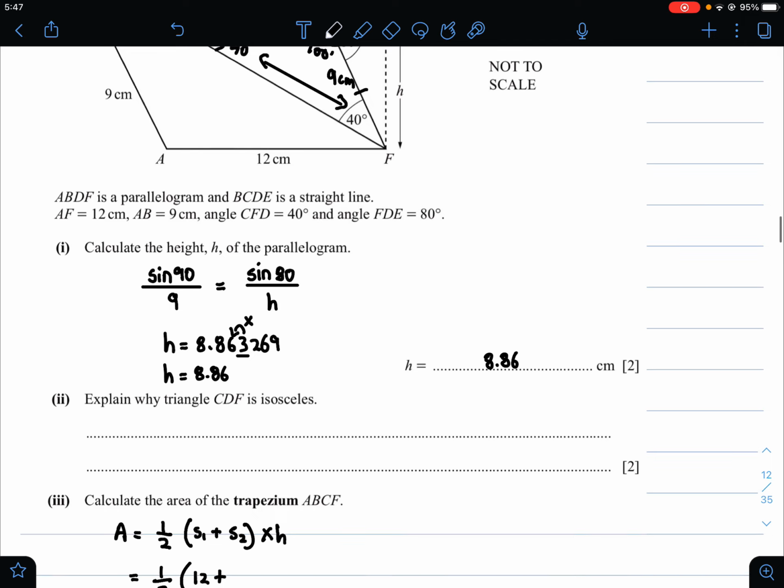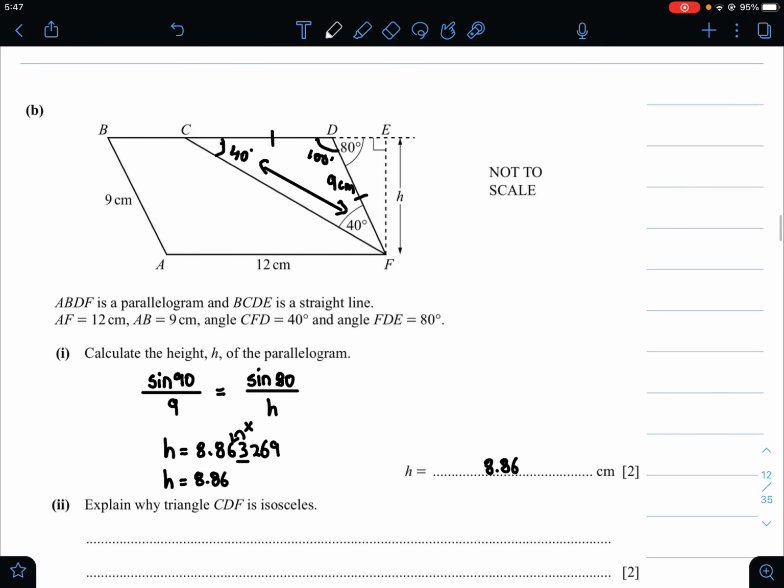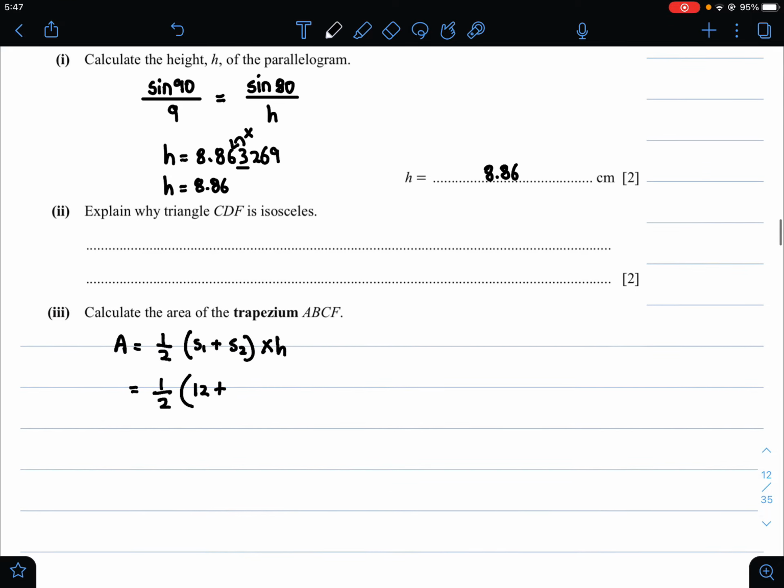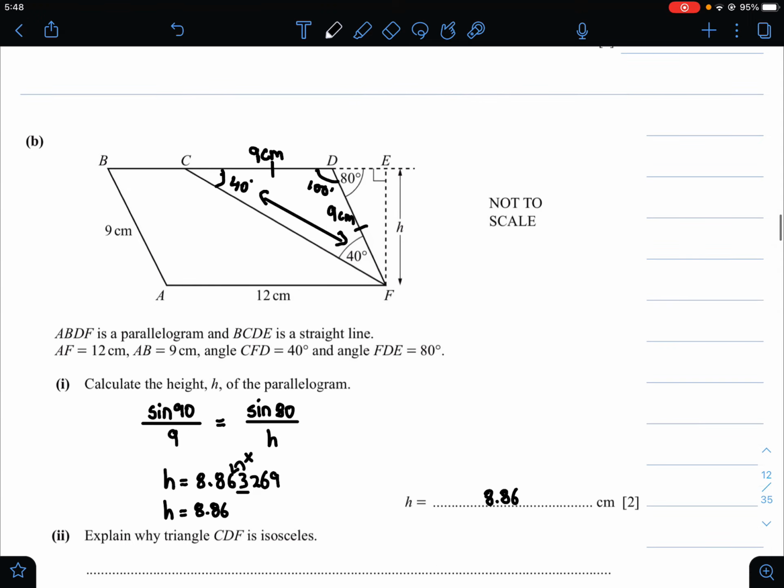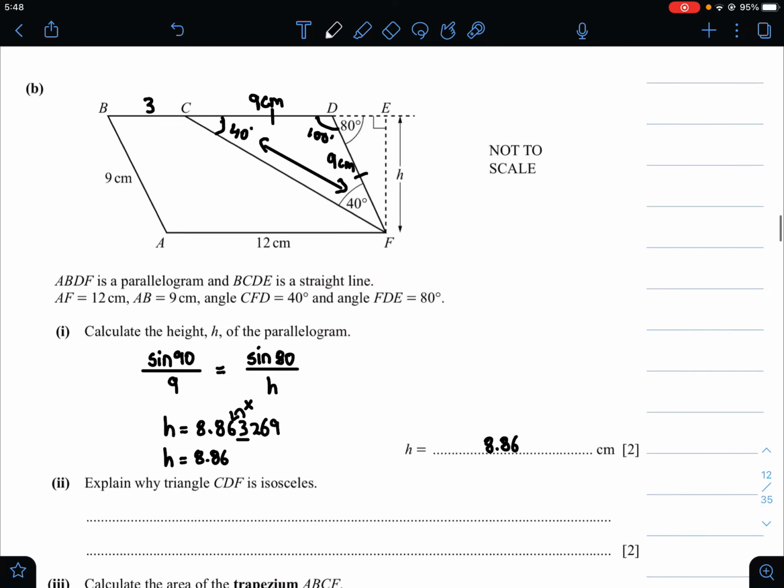Now, we know the side DF in this case, because a parallelogram's opposite sides are equal, and since it's an isosceles triangle, even the side CD will be 9 centimeters, and since the whole side BD is 12 centimeters, BC will be equal to 3 centimeters, because 9 centimeters have already been taken and the total has to be 12. Therefore, BC has to be 3 centimeters.